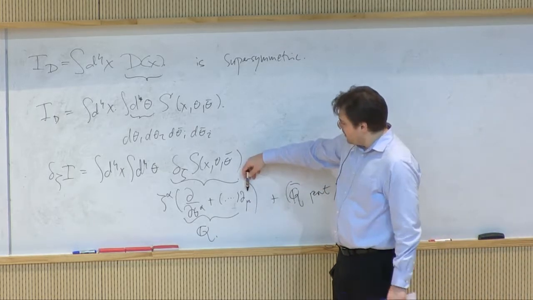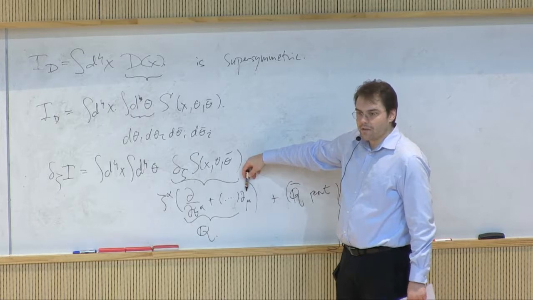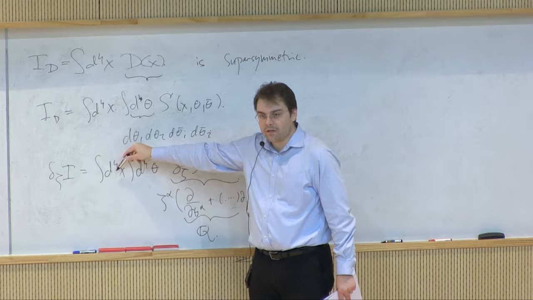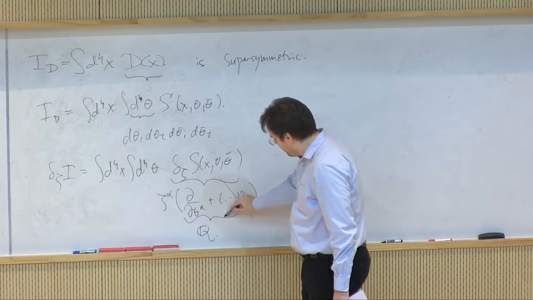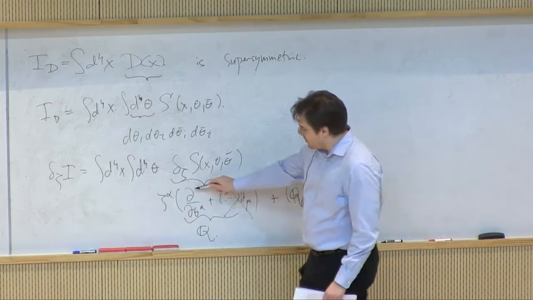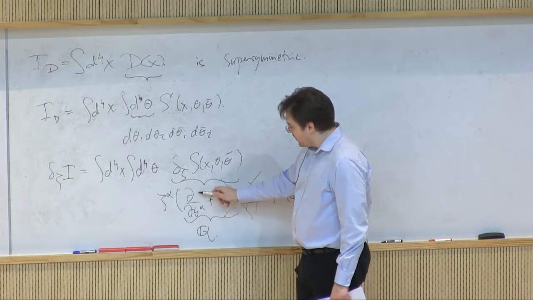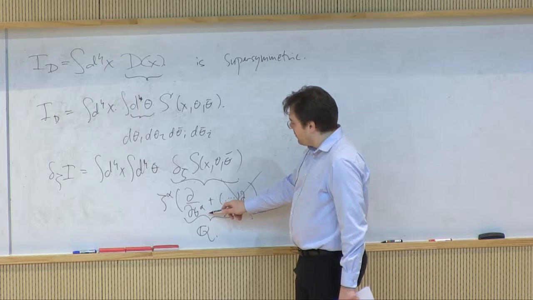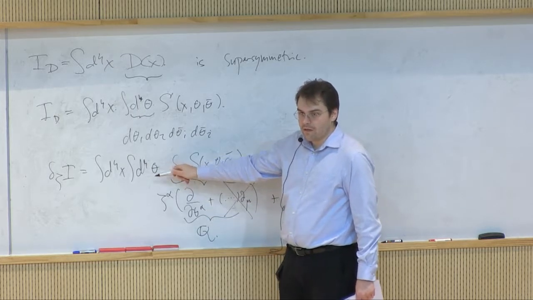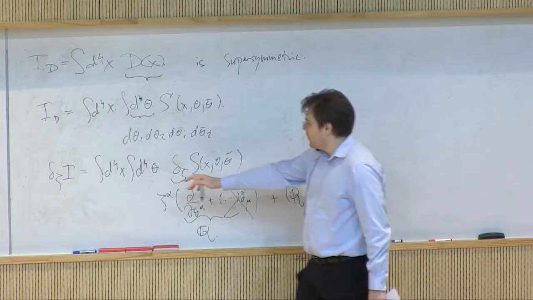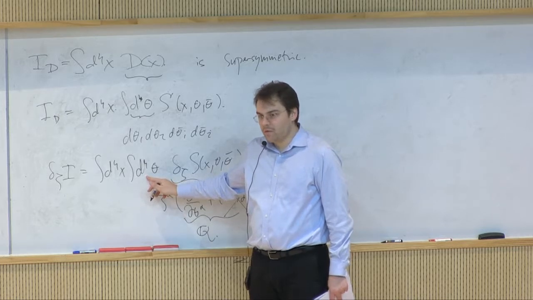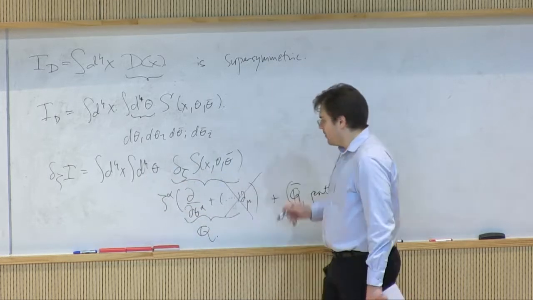So the space-time derivative we've already encountered, and that thing is just going to be killed by the ordinary space-time integral out here. So that thing drops out once you do that integral. And we're left with a term that is just a superspace derivative, a dd theta derivative. But that drops out when you integrate over d4 theta, right? Because remember, what's the rule? d4 theta picks out the theta squared, theta bar squared component of a superfield, right?